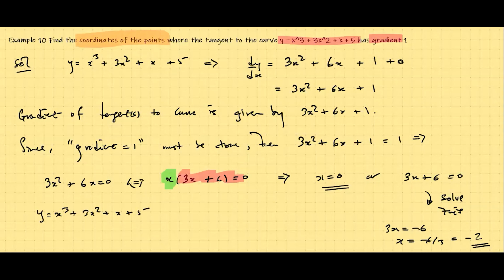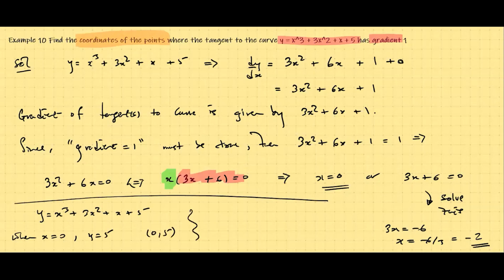So when x equals 0, I can put 0 into that cubic, and I get y equals 5. So one of my points is (0, 5). Similarly, when x equals minus 2, I can put minus 2 into the cubic and work out some y value, which is not the most interesting thing to work out here, so I'll just leave that.